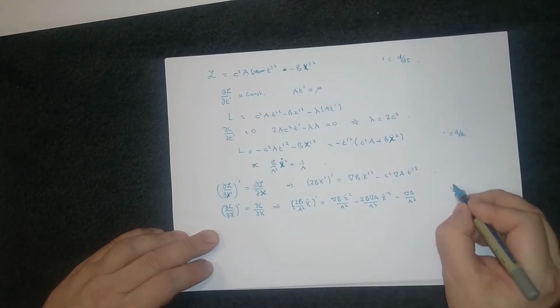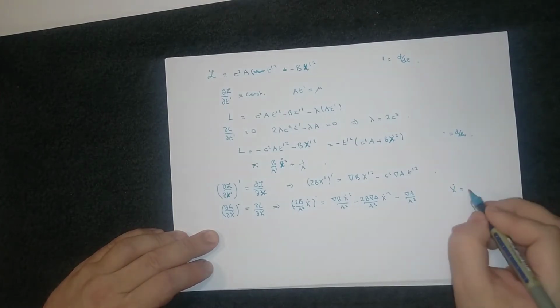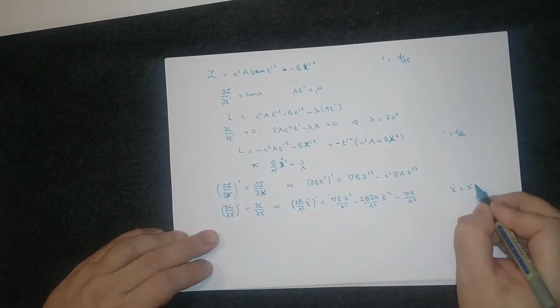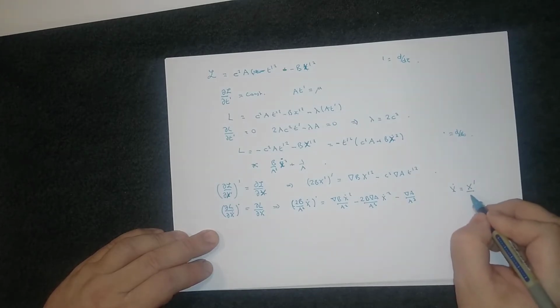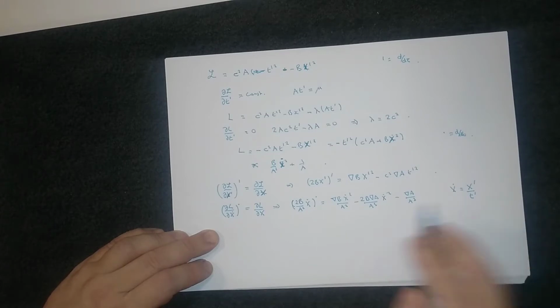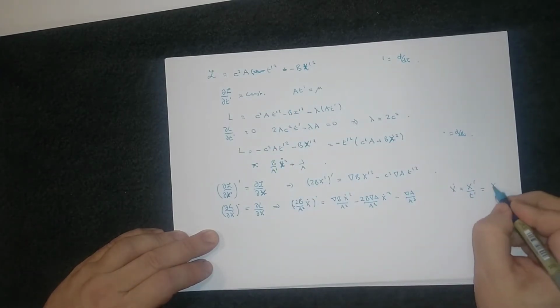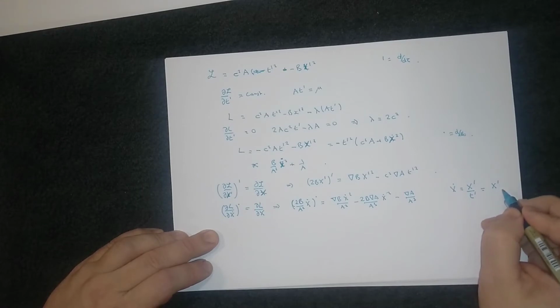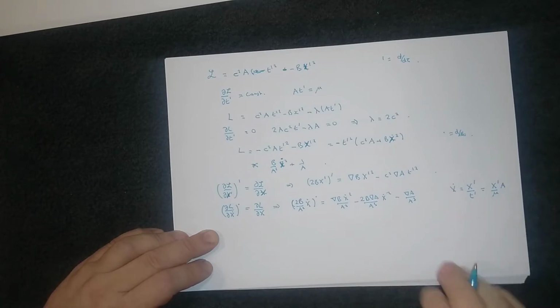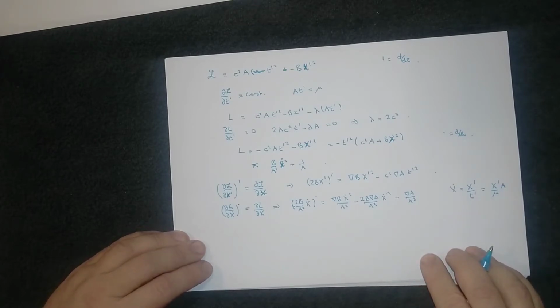Now x dot is x prime over t prime, and t prime is mu over a. So we have that relationship.